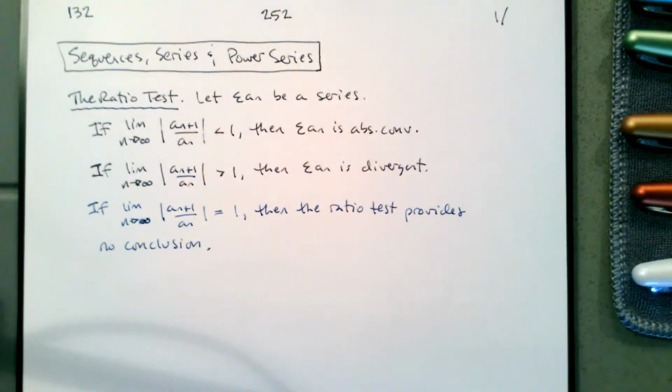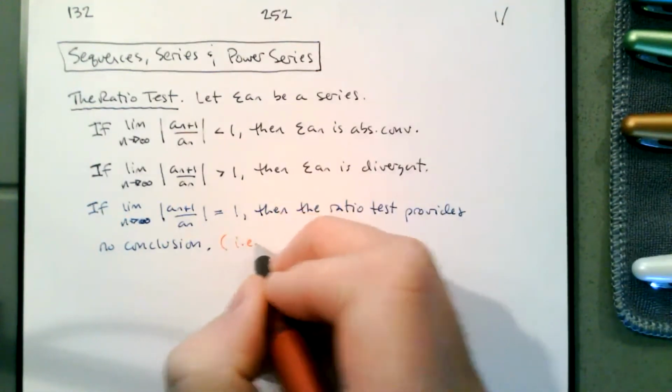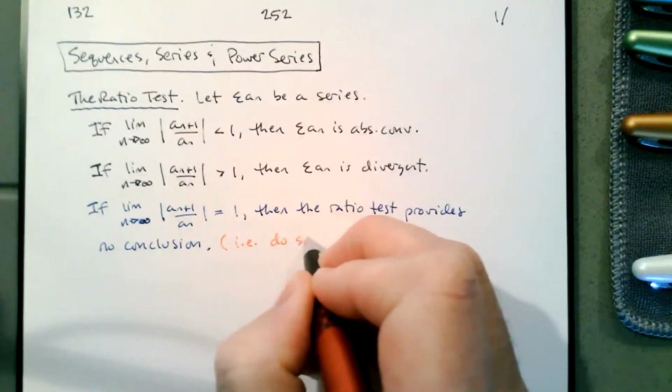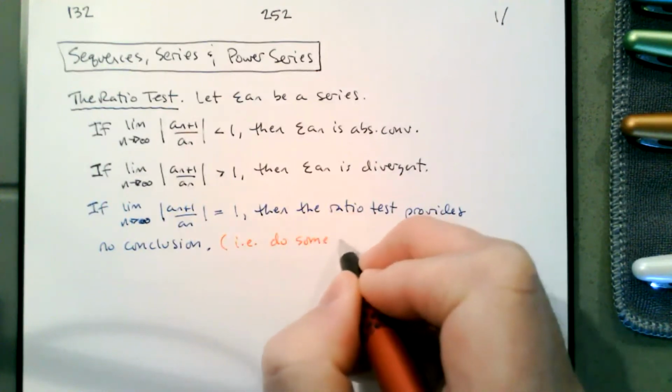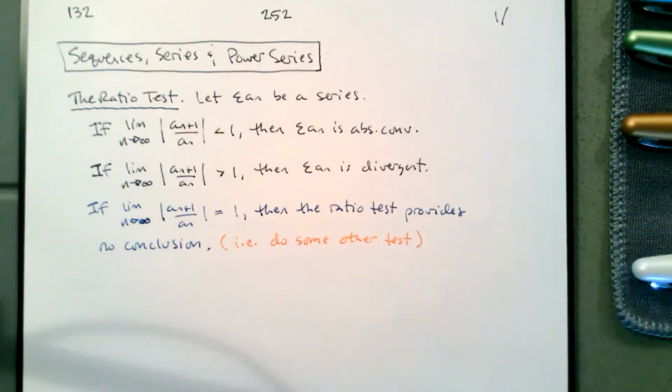This means do some other test. Do something else to draw your conclusion. This means the series in question is immune to the ratio test. So that is, do some other test.